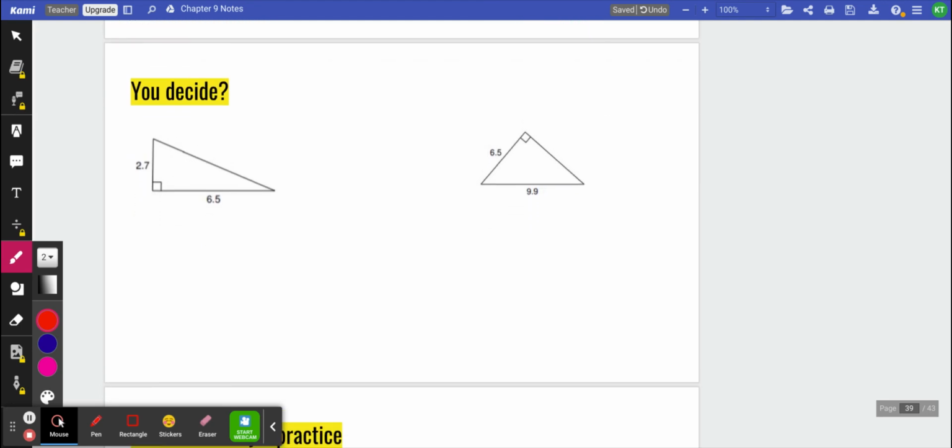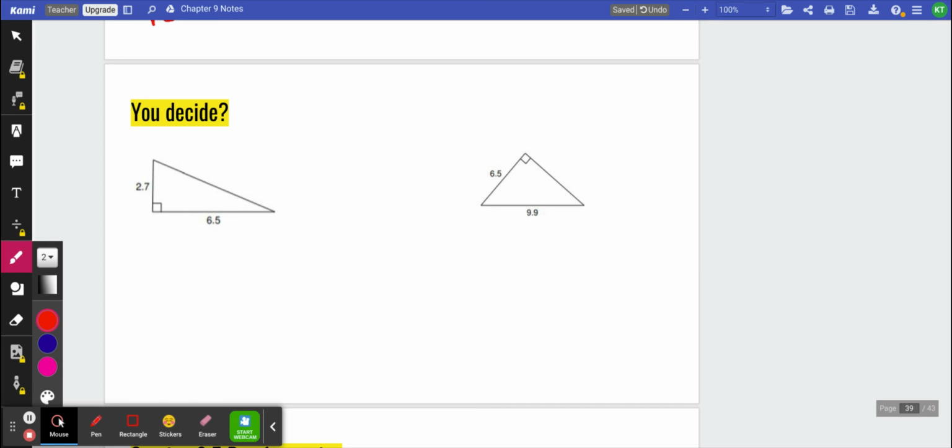All right, I want you to take a minute and see if you are finding the hypotenuse or if you're finding a leg in the first and second example, right? So identify A, B, and C on your triangle. All right, in the first one, our missing side is the hypotenuse, so that's going to be C, right?